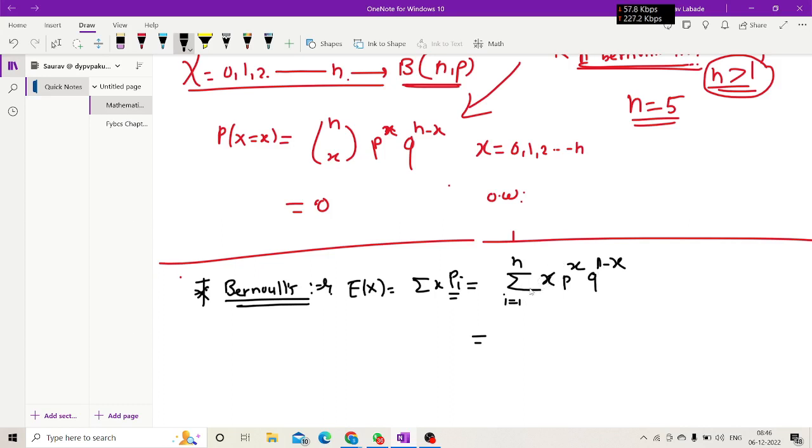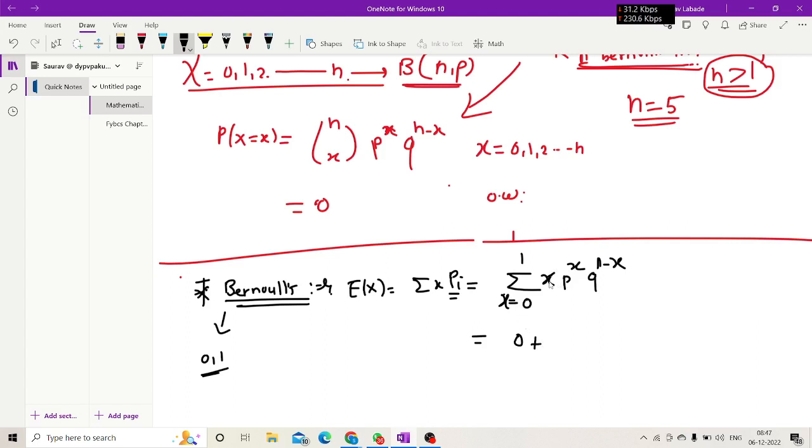Now here also, tell me, is this range correct? What are the random values of the Bernoulli? 0 and 1, right? So it should be from 0 to 1. If we substitute 0, this will be 0.